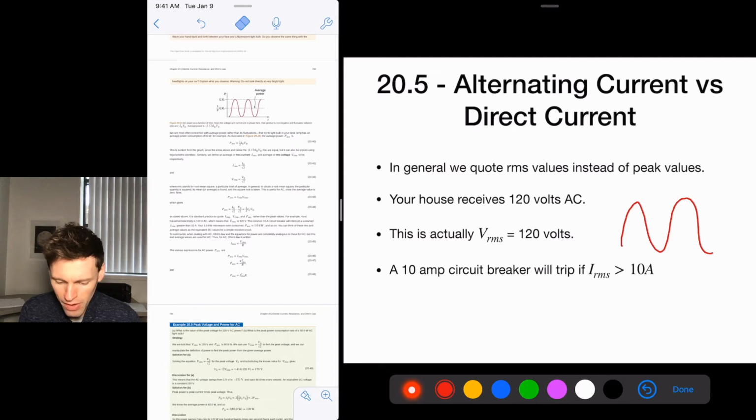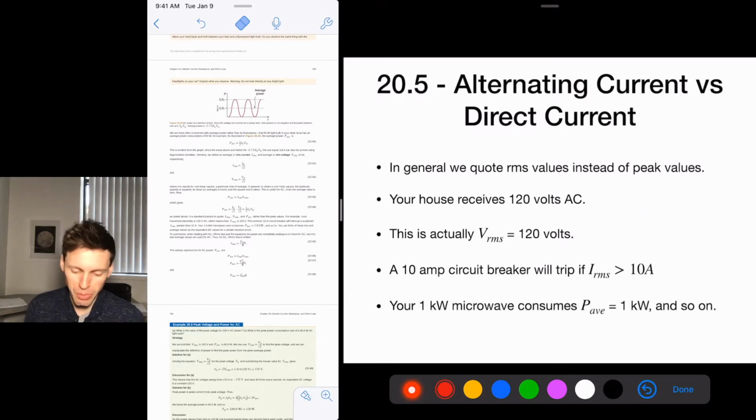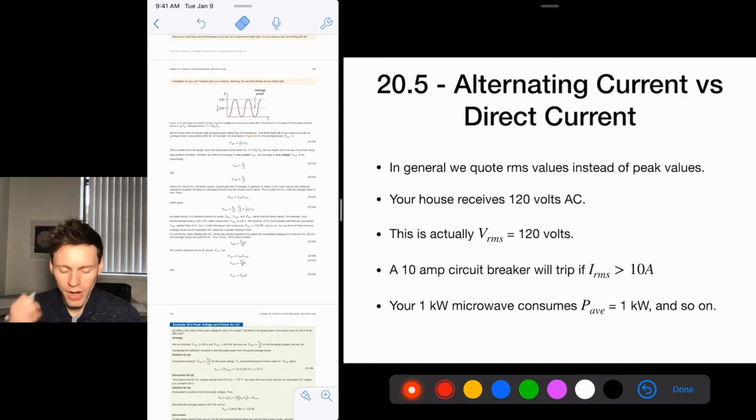If this is your graph, then your RMS value is usually about there. If it's 10 amps, you could have a graph like this, but if it's a little bit higher like that, then you're going to trip your circuit breaker. If you get your hair dryer and toaster going at the same time, and then you microwave something while you're doing laundry, on the same circuit for some reason, then you'll trip your breaker.